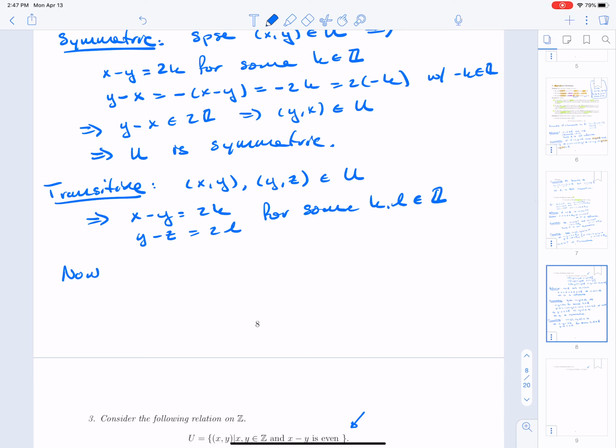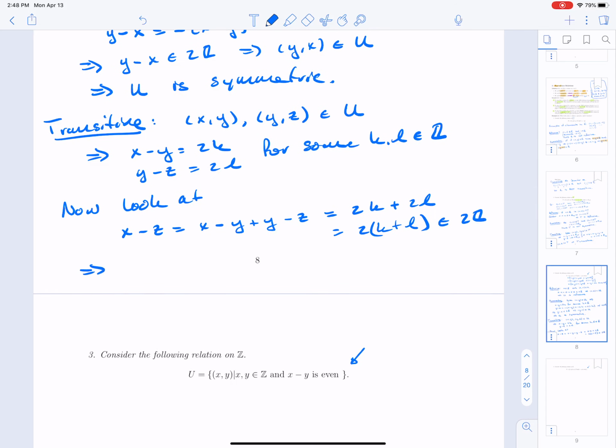Now, if I look at x minus z, then I know that x minus z is equal to x minus y plus y minus z, which is 2k plus 2l, which is 2 times k plus l, which is again inside of the even integers.